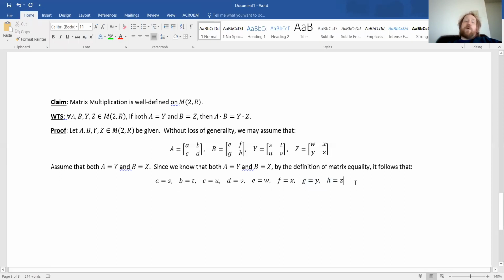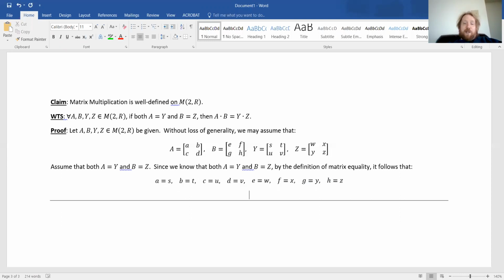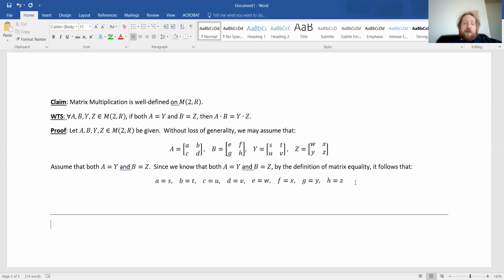Now, I really don't see what I want to do next. So, as often is the case when I'm proving an if-then statement, if I don't see what I want to do next, I'm going to come down here to the scrap paper and reason backwards from what I want to show.